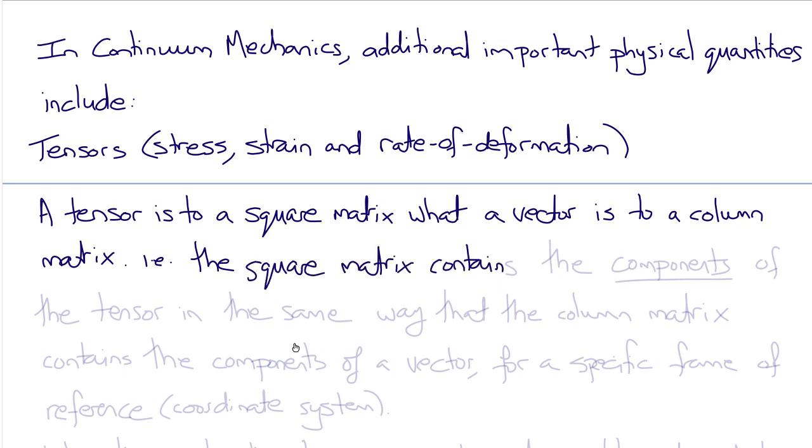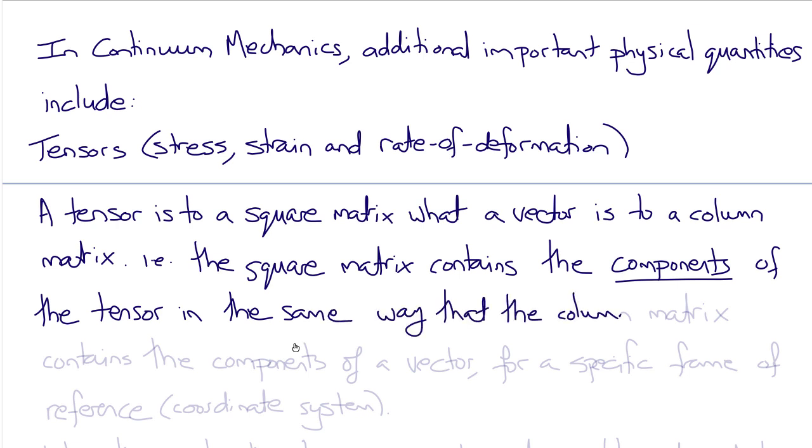So the distinction between the tensor and the matrix is the same as the distinction between the vector and the column matrix. If you think about it, a vector being a physical quantity, the components of the column matrix that describe it depend on your choice of coordinate system.